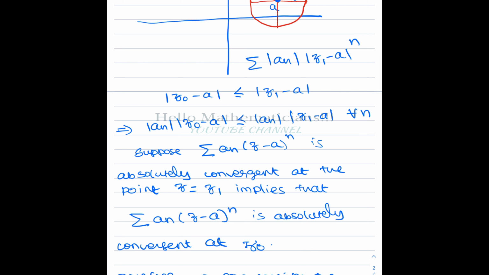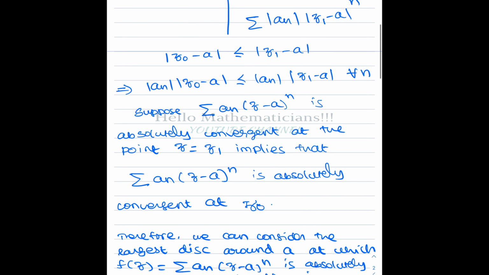So now this is the nth term of this power series. What we have proved here: if you look at this side, modulus of an times modulus of z1 minus a, I can take the nth power on both sides, and then this inequality shows that this term is greater than this term, or equally this term is less than this term.